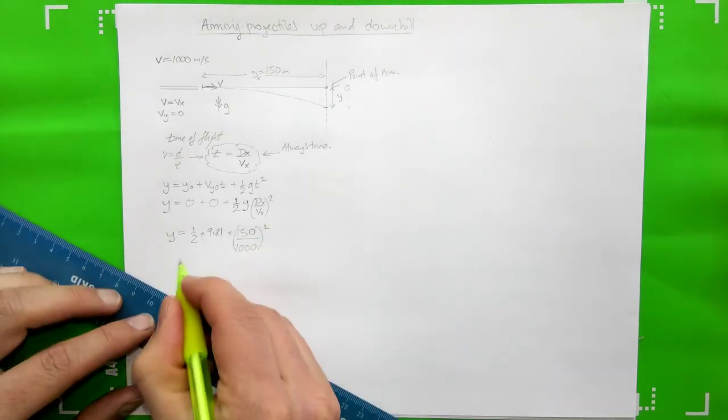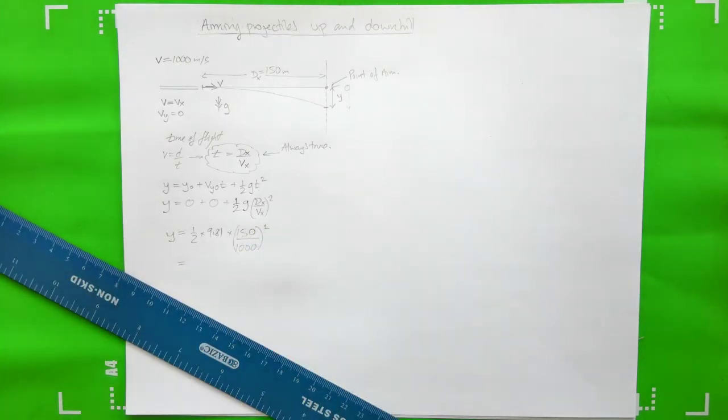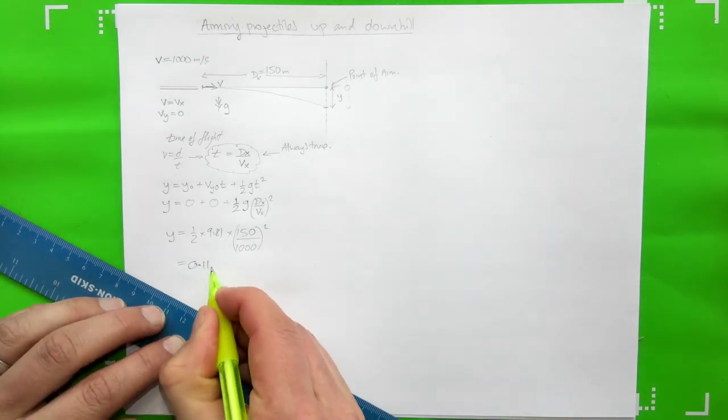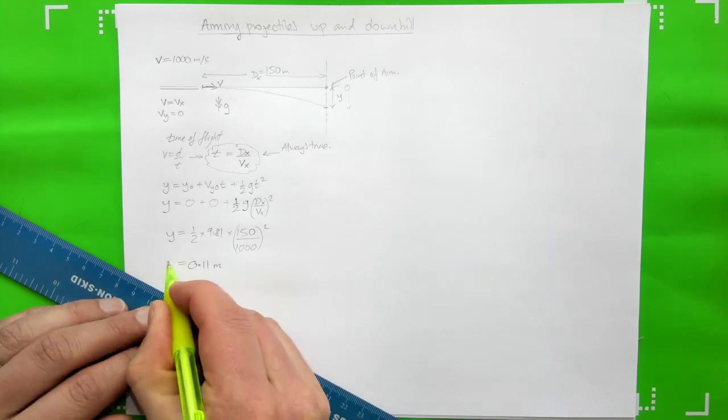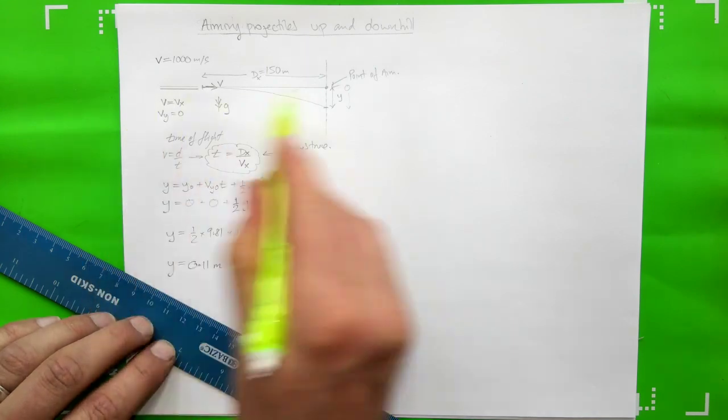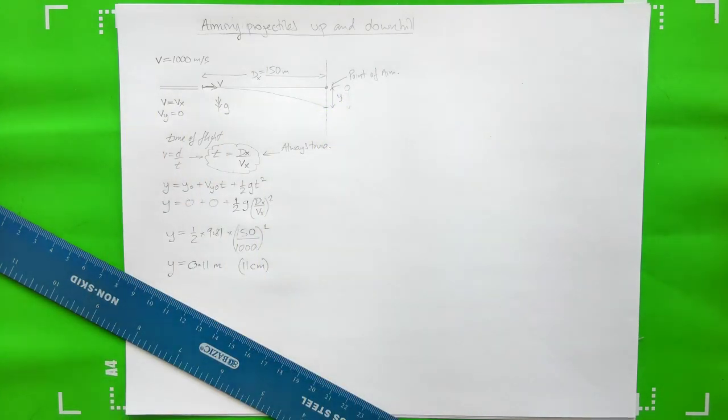And then that's all squared, and that's going to give you your answer. So the answer for that is 0.11 meters, or 11 centimeters. So that's the distance that the bullet drops as it travels along its trajectory in this case.